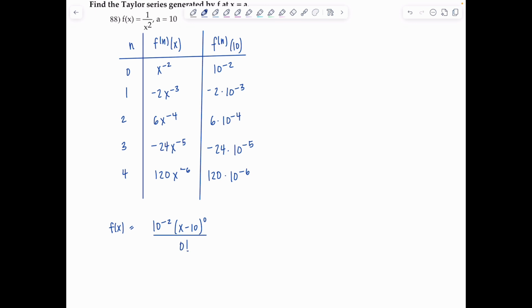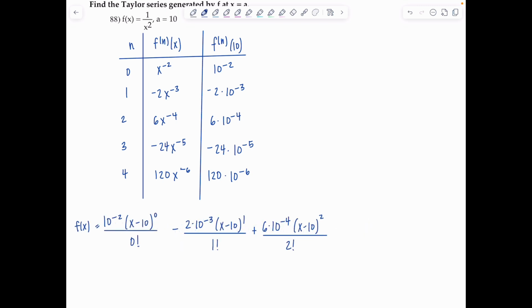Next term, minus 2 times 10 to the negative third, x minus 10 to the first over 1 factorial, plus 6 times 10 to the negative fourth, x minus 10 squared over 2 factorial. Next is minus 24 times 10 to the negative fifth, x minus 10 cubed, because that comes from n equals 3, over 3 factorial, plus, okay, I'm out of space.